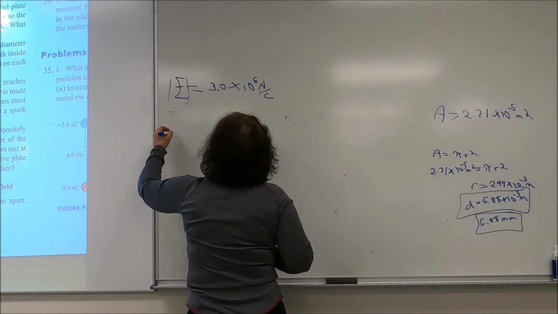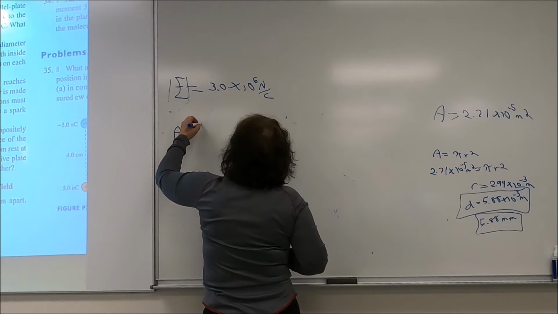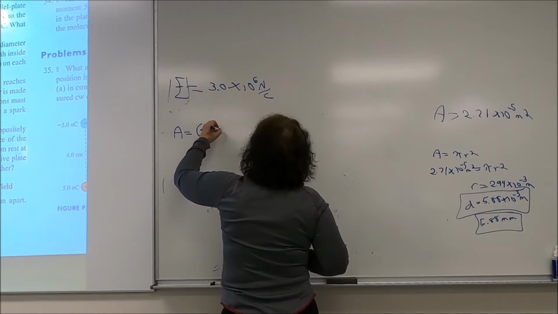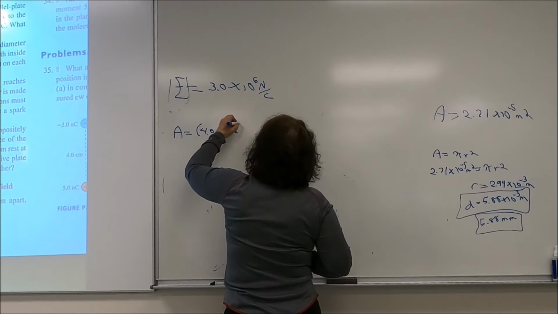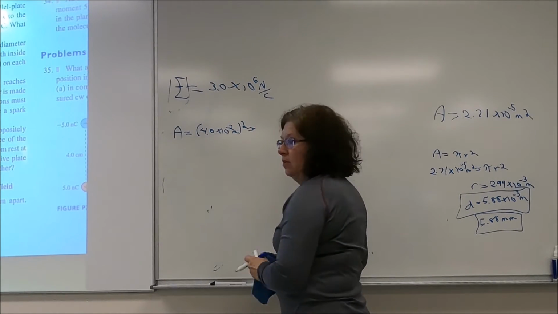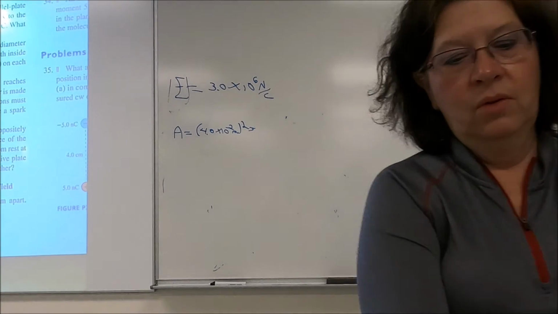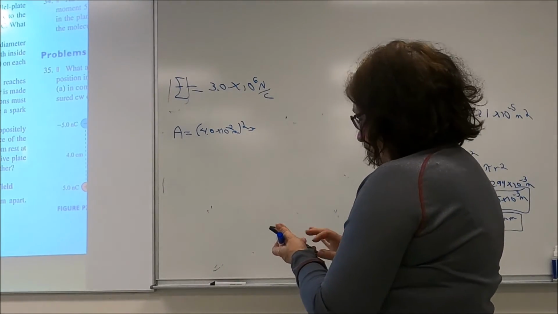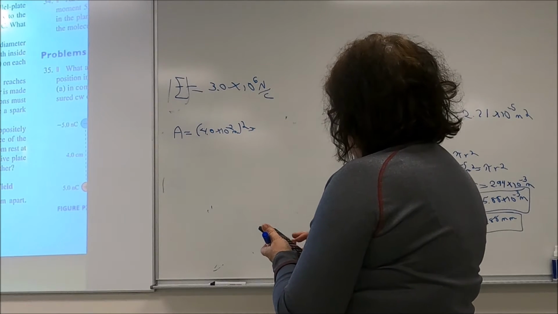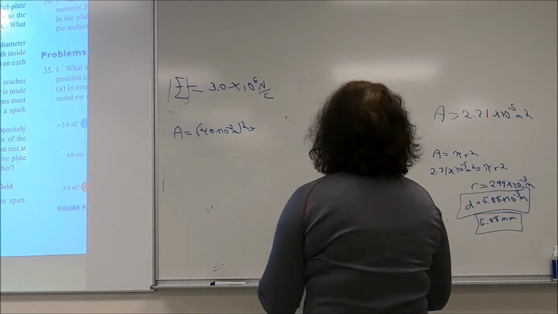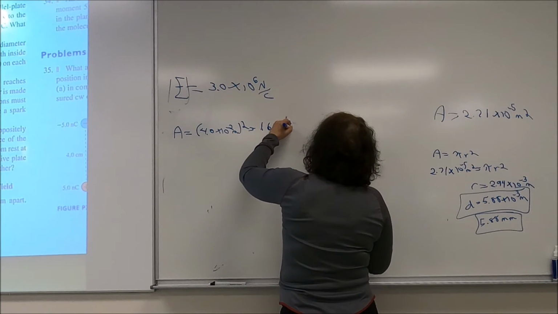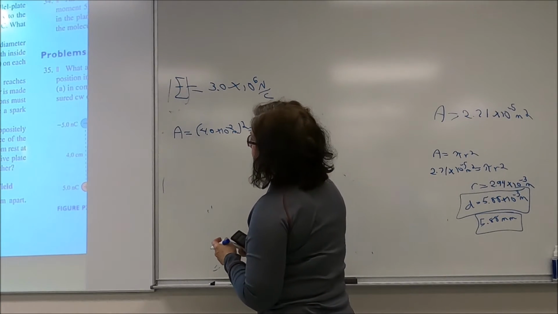Okay? And if I want to get the area of my electrode, it's going to be 4.0 times 10 to the minus 2 meters, squared, because it told us it was 4 centimeters per side. So that's 1.6 times 10 to the minus 3 meters squared.